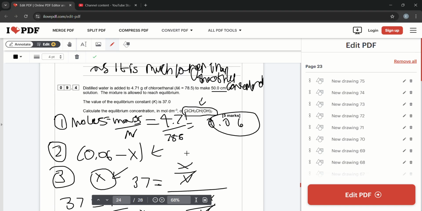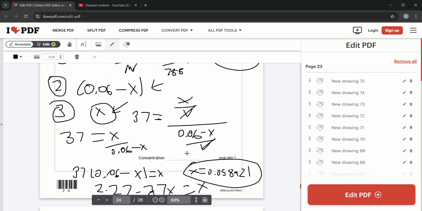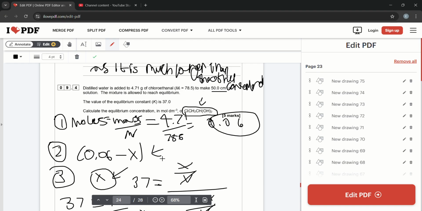This is the value that we've got, the number of moles of ClCH2CHOH squared.